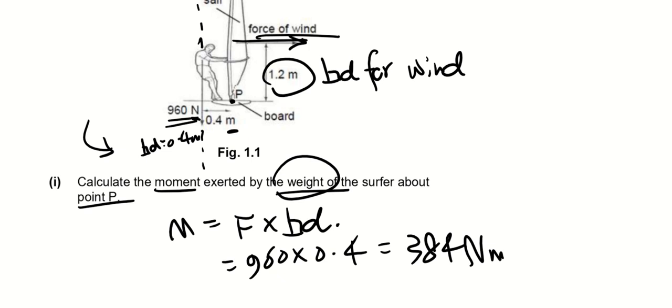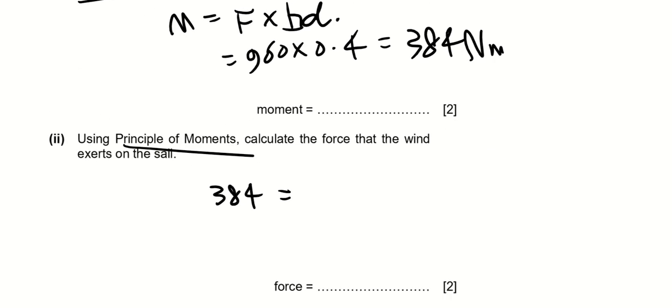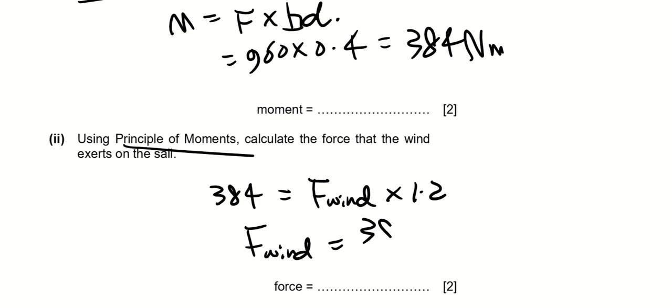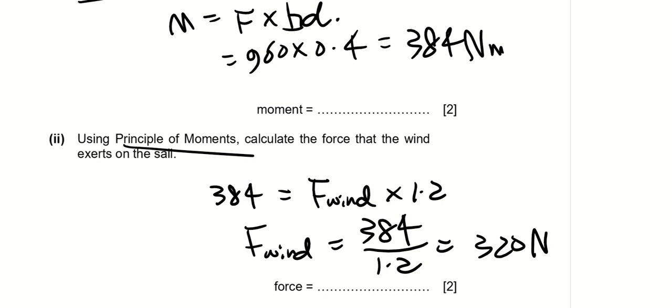For the wind, it is actually clockwise. And since there are no other forces, 384 will be equal to the force of wind multiplied by its perpendicular distance. So the force of wind will then be 384 divided by 1.2. So answer will be 320 newtons.